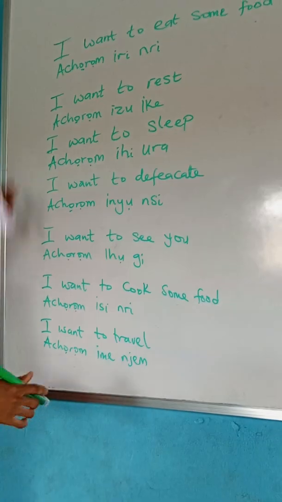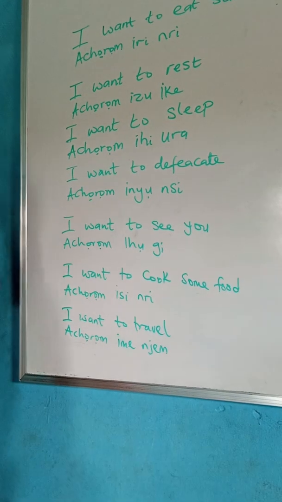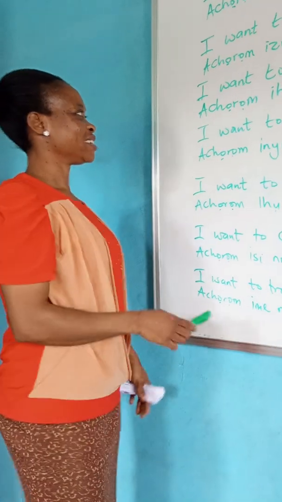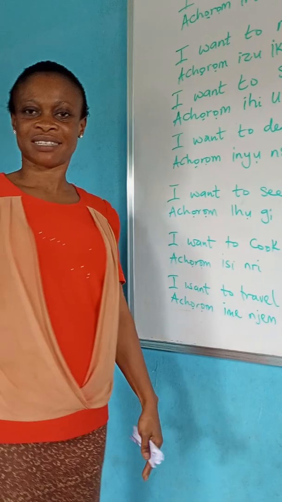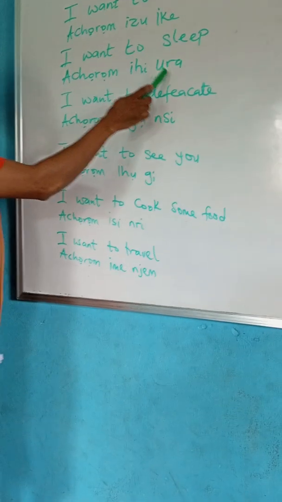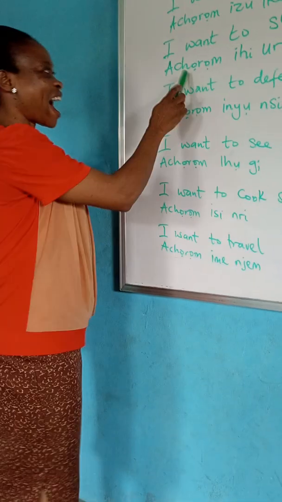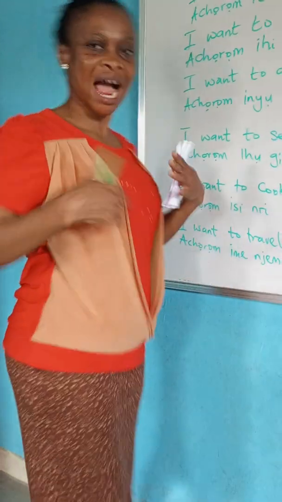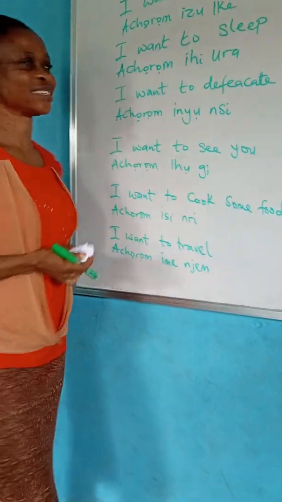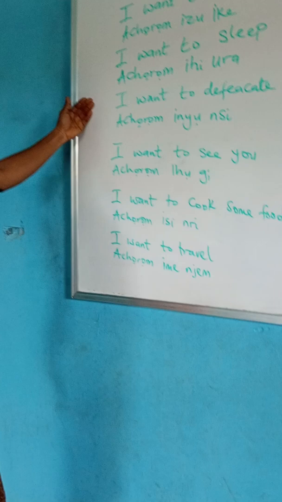Good. Then the next is, I want to sleep. How do you say it using Igbo language? Achọrọ m ihi ụra. Or you can even say, Achọrọ m ịrahụ ụra. Yes. Look at the next one.